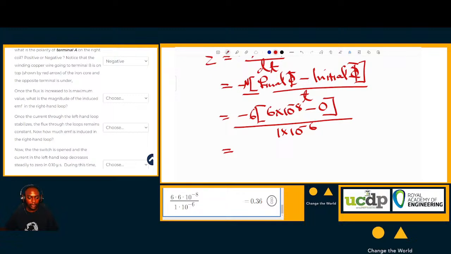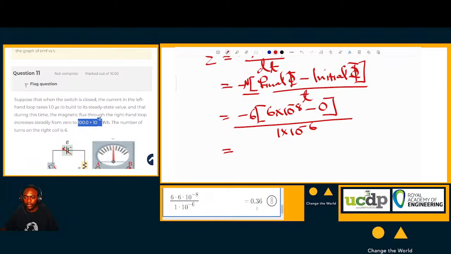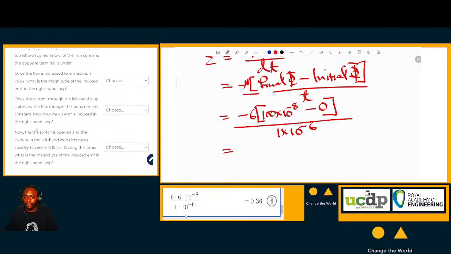That flux is incorrect, right? The flux is 100, not 6. So where I put 6 there, it should be 100. Okay. So if you're punching along with me, you should get 6 volts. We're ignoring the negative because the question is asking for the magnitude.